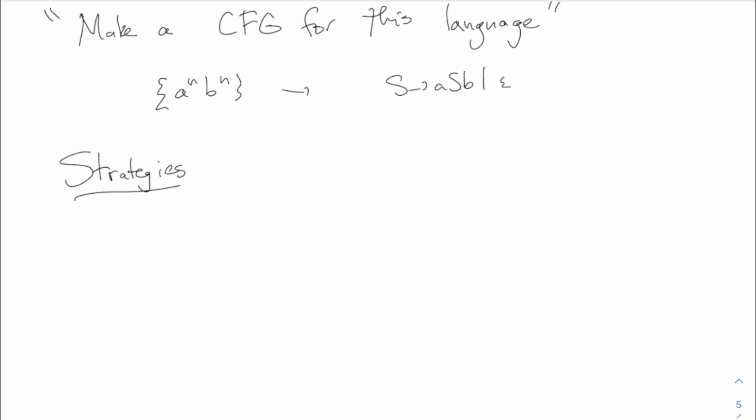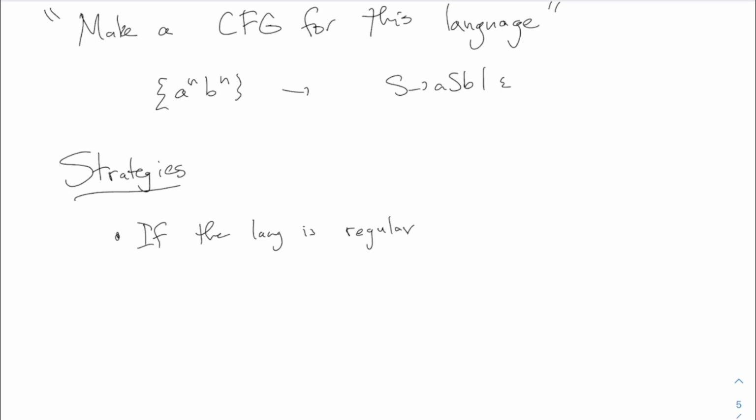All right. First of all, if the language that is described to you is regular, then this is easy from the get-go. Then you can draw an NFA and then convert it to a grammar. So that will always work. Now, sometimes it's a pain to draw the NFA, but whatever.